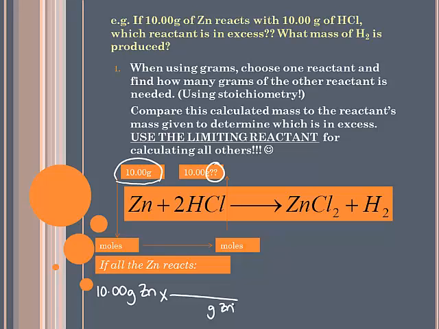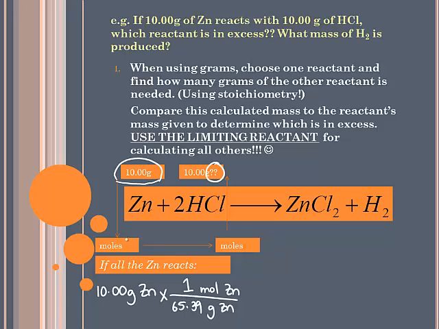The unit that I'm going to goes on the top, in this case, moles of zinc. Now, when you have moles and grams together, don't forget you always use a 1 in front of the mole. And for zinc, the molar mass is 65.39. That came from my periodic table.